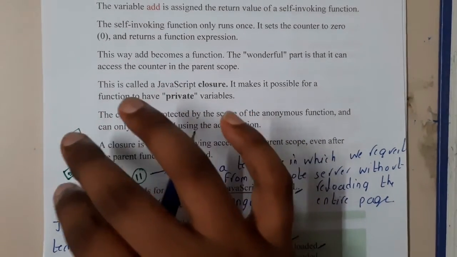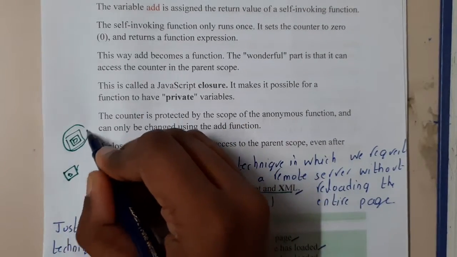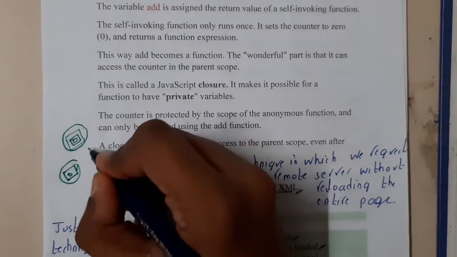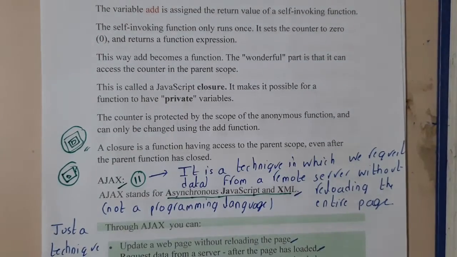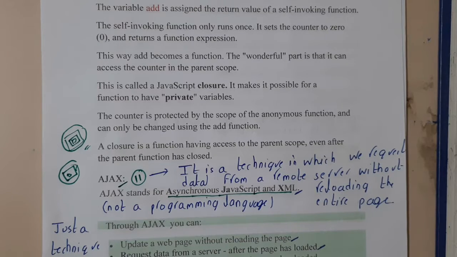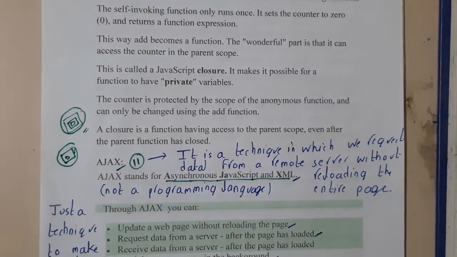Which will be more attractive and more interesting to you? Obviously this one, right? If you have multiple pages, your loading time is wasted. But if it is fast and not reloading the page, then you'll like it, right? Wow, this is great, you'll be thinking. Yes, that can be achieved using AJAX, guys.